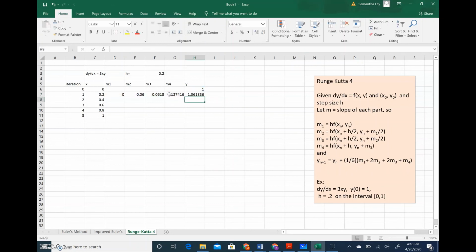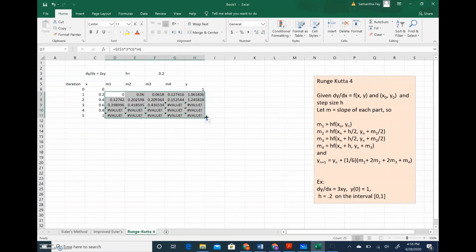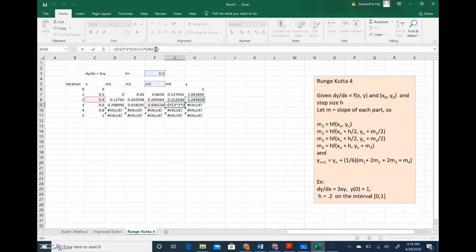Close that out. Okay, let's see. Now we can grab all of these and pull this down. Didn't work. Let's see why. Why didn't this work? What are we pulling from? Oh, looks like I forgot to make a don't move it, didn't I?